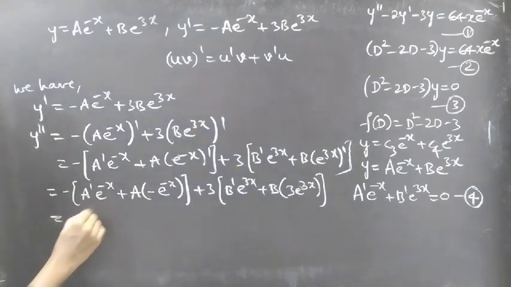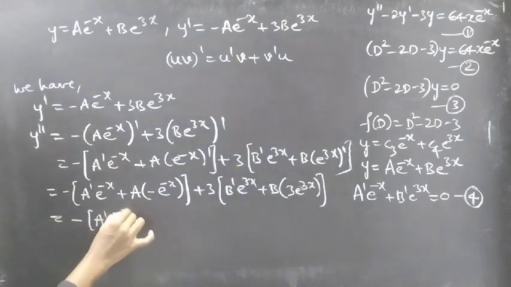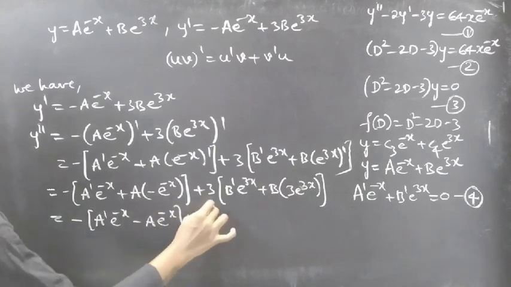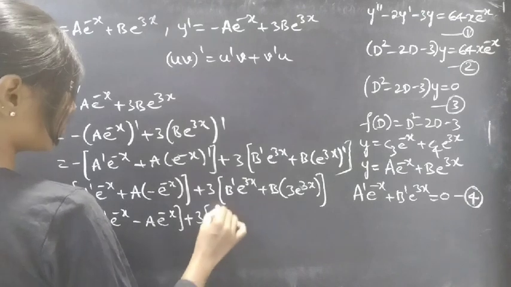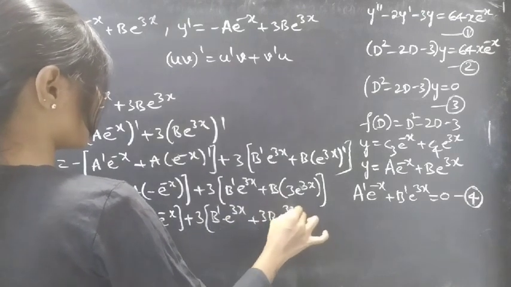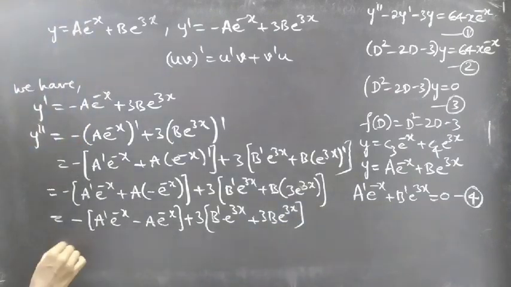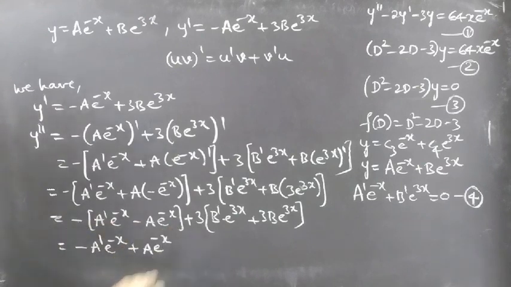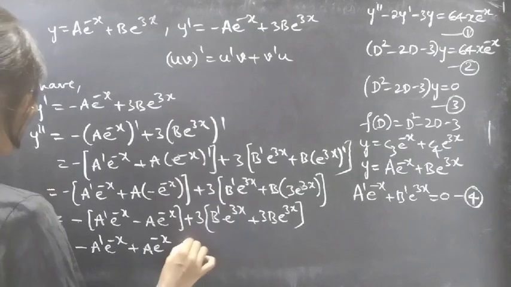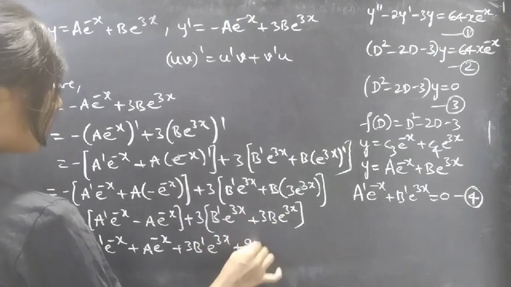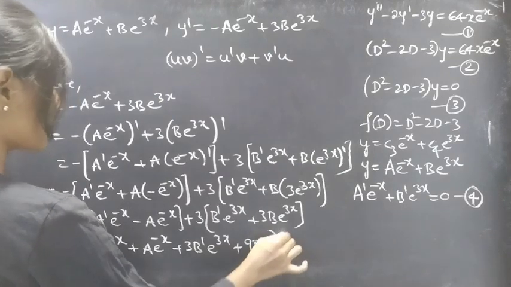Right, which gives us minus a' e^(-x) plus a e^(-x) plus 3b' e^(3x) plus 3 3s are 9b e^(3x).